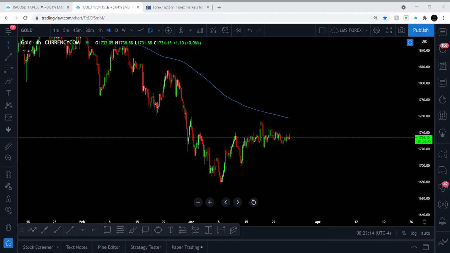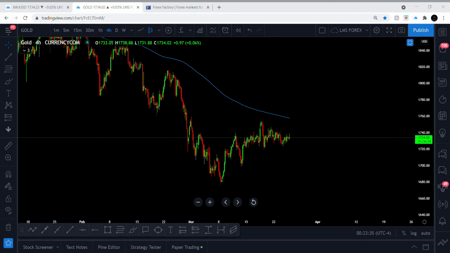So for swing traders, we're looking at the time frames of weekly, daily, and 4 hour, sometimes even monthly.